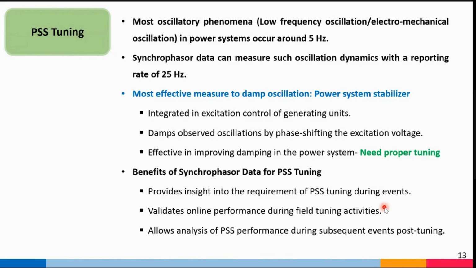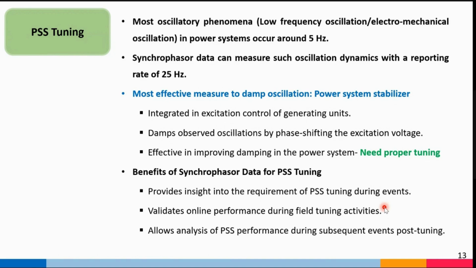The most important thing is that you need very proper tuning, and you need to monitor this tuning. You need to establish whether the tuning is proper or not. The benefit of synchrophasor data during PSS tuning is this: when you go for PSS tuning, you need to do certain tests, checking how the system responds to different variations in electrical quantities when the stabilizer is in service and when it is out of service.